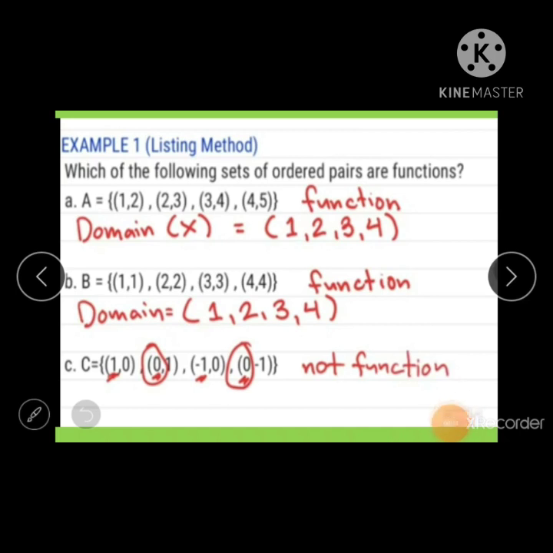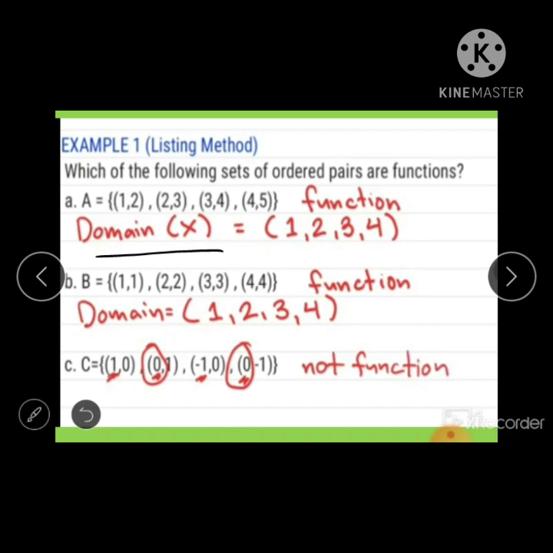Let's try example number 1 using the listing method. Determine which of the following sets of ordered pairs are functions. Example A: the ordered pairs are (1, 2), (2, 3), (3, 4), (4, 5). We list down the domain, or the first element, or the x.